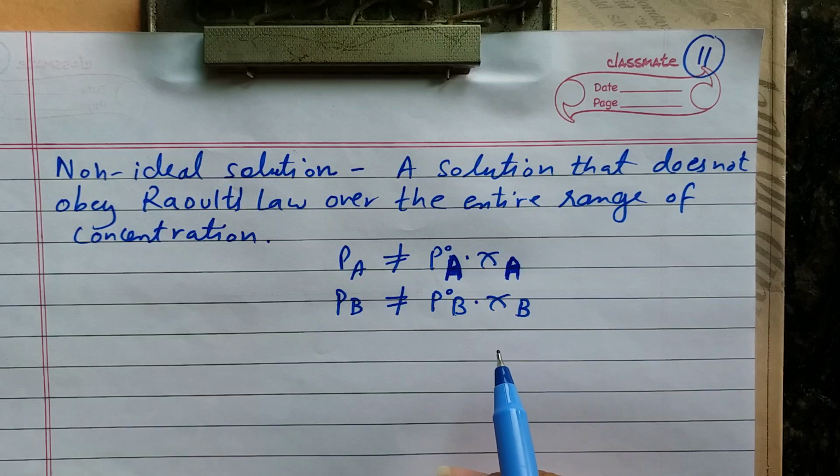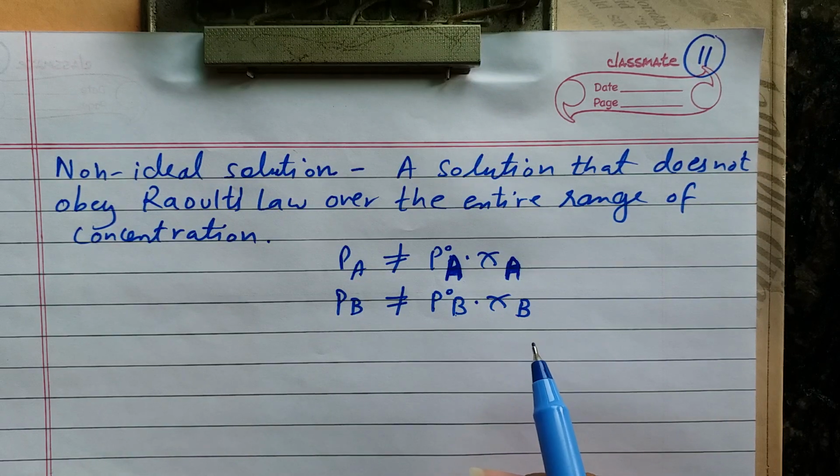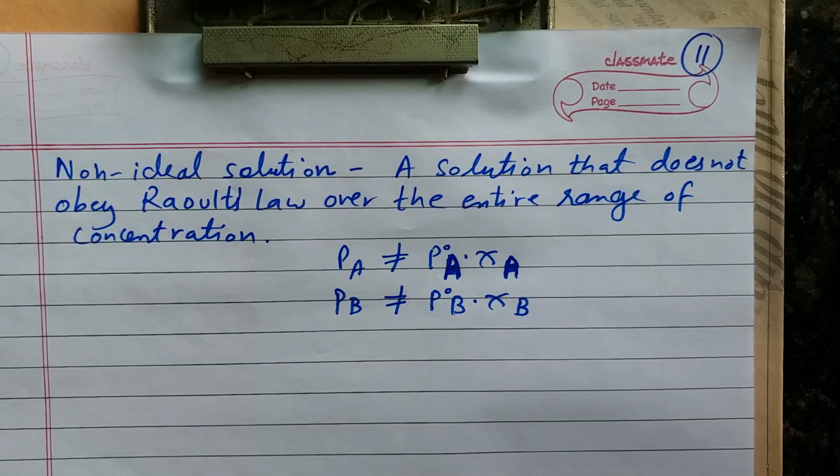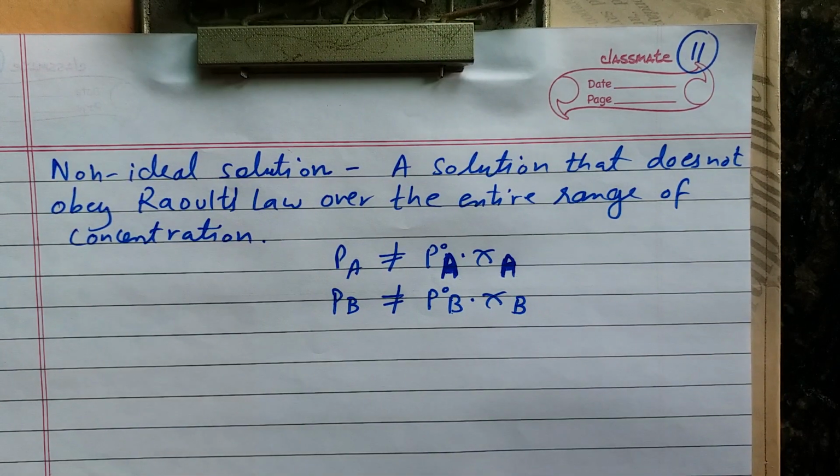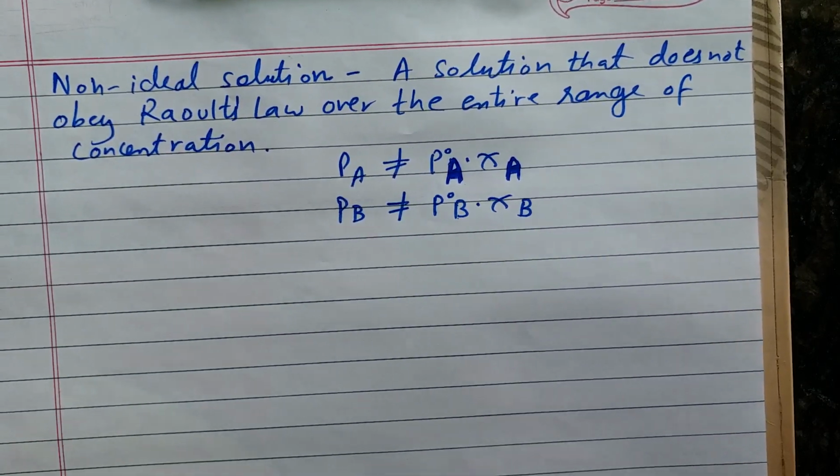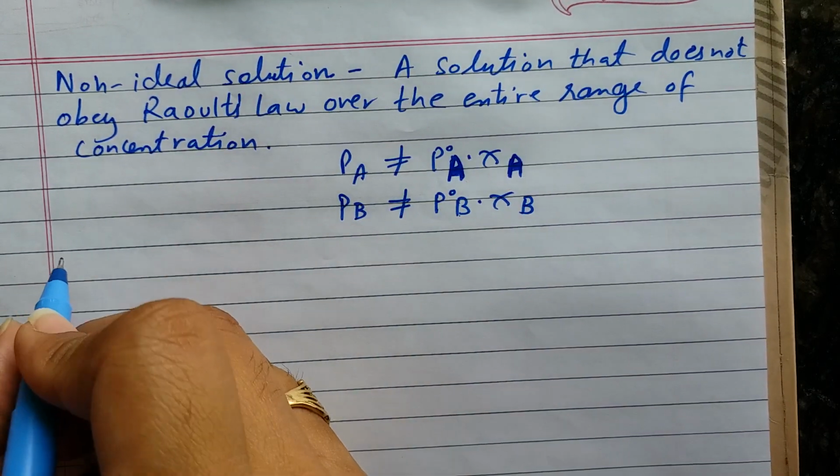Now what will be the situation? It depends on what type of deviation from Raoult's law is observed. So these non-ideal solutions are of two types. Let's talk about these two types.